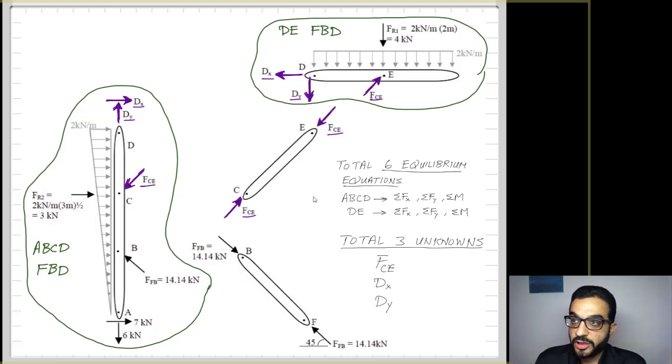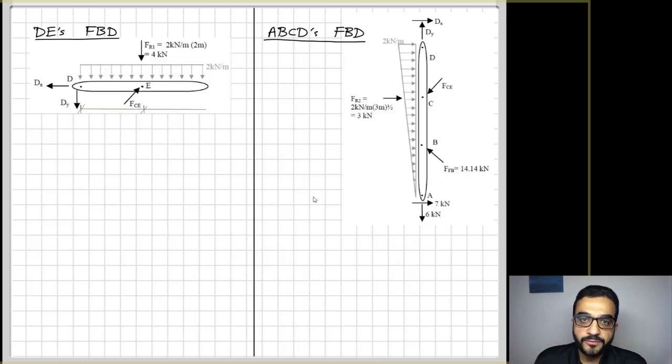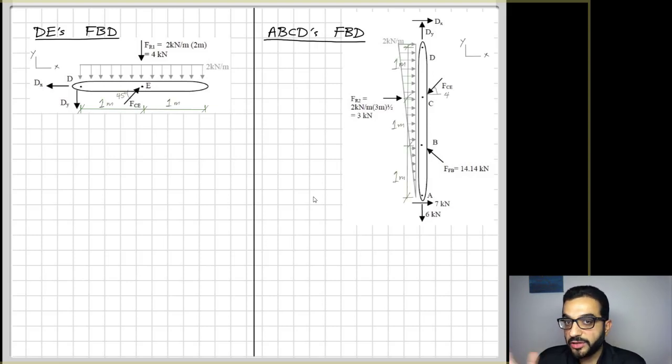That's amazing, right? This means that I have a lot of flexibility in using the equilibrium equations to find the 3 unknowns. So the way we'll do it is we will consider both free body diagrams. You don't have to do that to figure out the 3 unknowns. Either one will give you the unknowns you're after, but I'm doing it just to show you 2 possible ways.